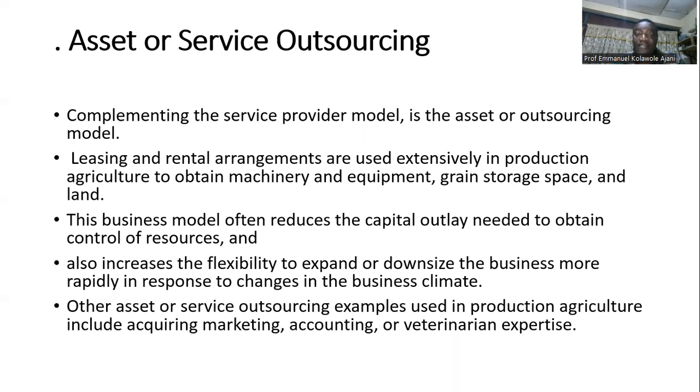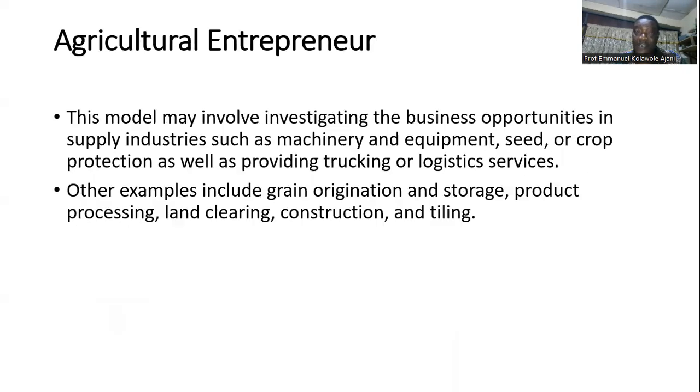You can even outsource the accounting expertise. People will come and look at your business model. Even outsource services in terms of getting the veterinarian, the animal doctor, fish doctor, fish expertise in those areas to come and take care. This is another business model.